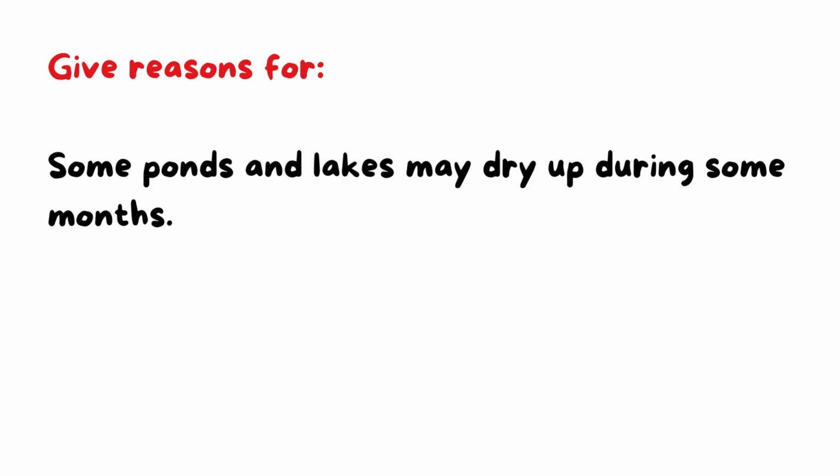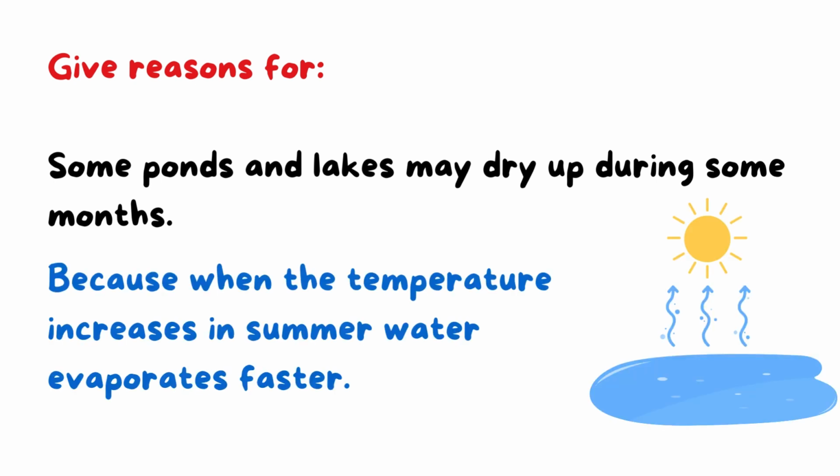Give reasons for some ponds and lakes may dry up during some months. As we know, lakes and ponds may dry up in summer months, yes. Why? Because the temperature increases in summer, yes, and this causes what?